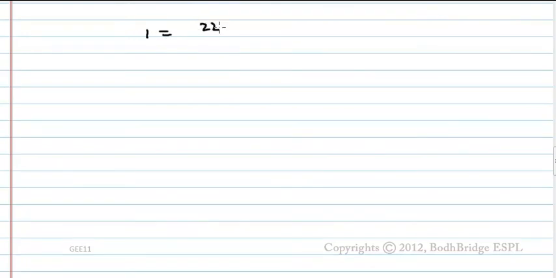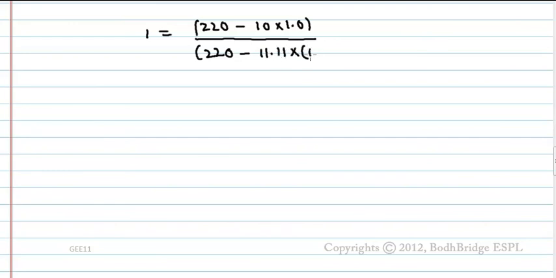V is 220 minus Ia1, which is 10, into Ra, which is 1 ohm, divided by V, which is 220 minus Ia2, which is 11.11, into Ra, which is 1.0 plus R, into 0.9, since phi2 equals 0.9 phi1.